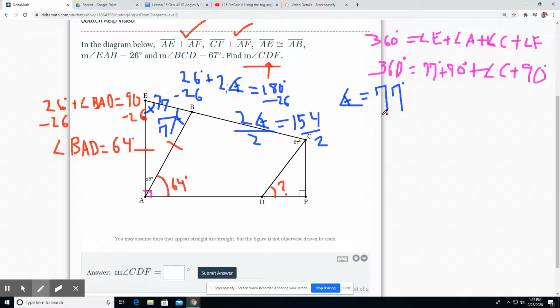I'll get my trusty old calculator out. 90 plus 77 plus 90 is 257, so 360 equals 257 degrees plus angle C, minus 257 from both sides.